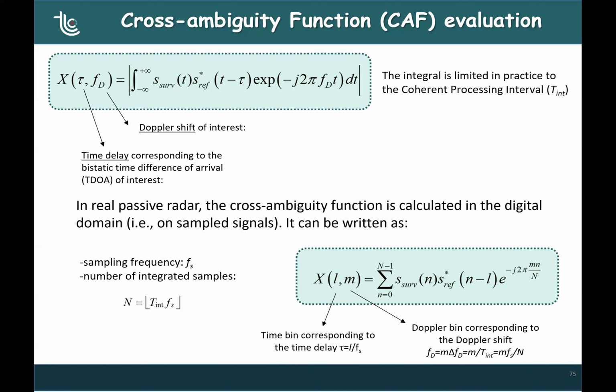So we need to estimate from the ambiguity function this delay tau and this Doppler frequency Ft, so we can locate the target in some position, and we can estimate the velocity of the target. We have seen the definition of the ambiguity function, that is the modulus of the integral of the product of the surveillance signal times the reference signal delayed and shifted by the Doppler frequency Ft.